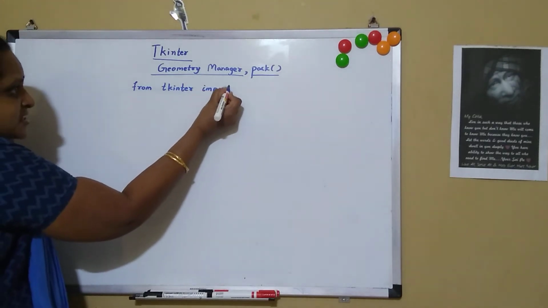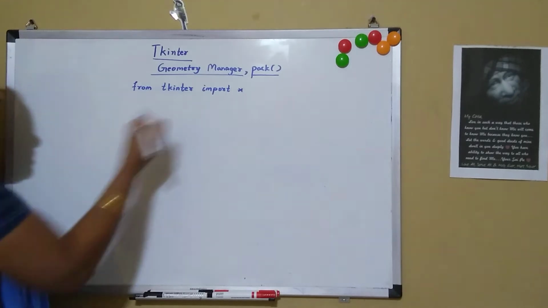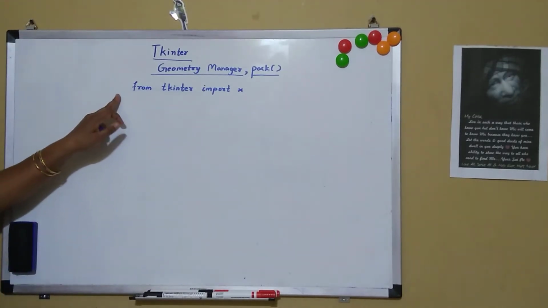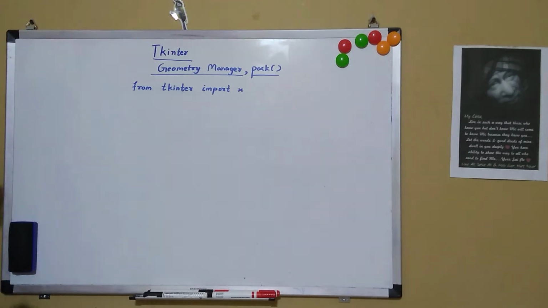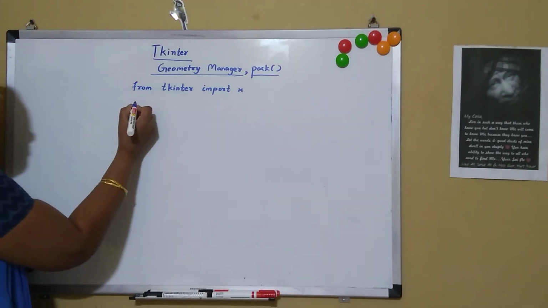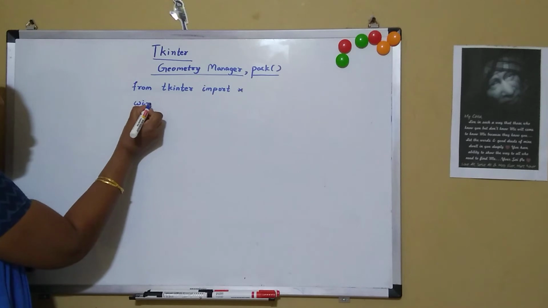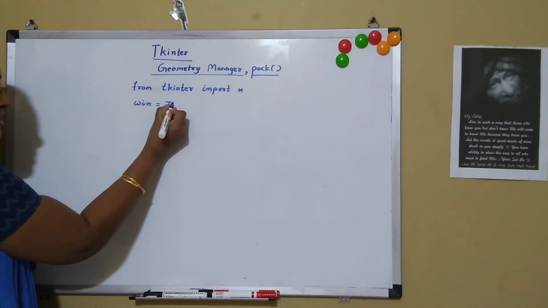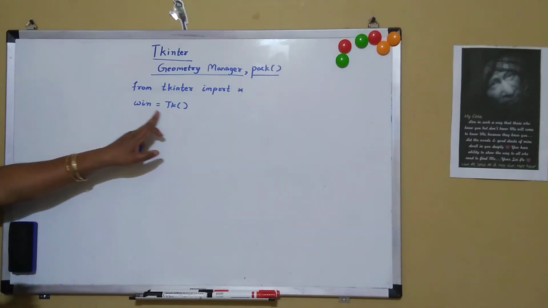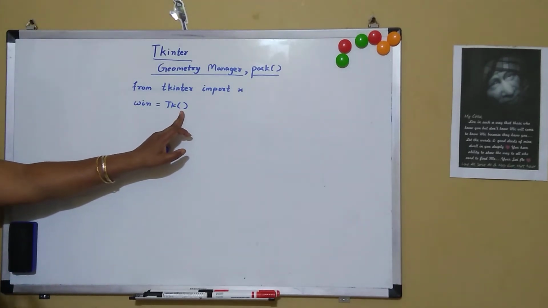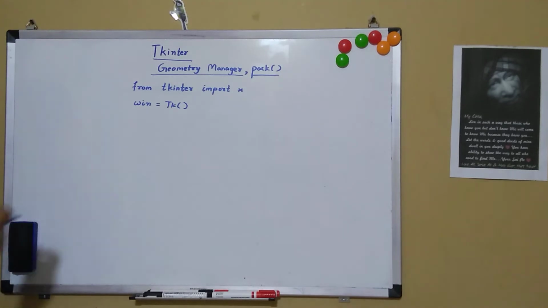So this is the first statement which we have to specify while creating a GUI application. We have to import the Tkinter module. And then we have to create a main window. Window is equal to Tk and then parentheses. So we are creating a main window wherein we can place our widgets.